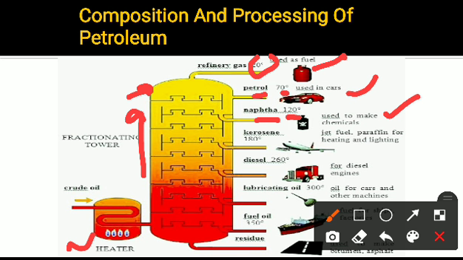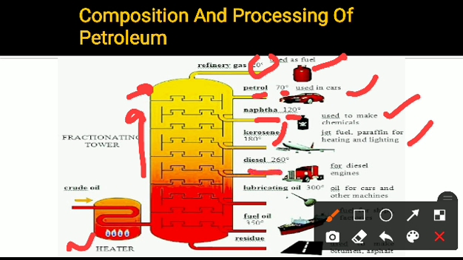Next, at 180 degrees Celsius, there is removal of kerosene. This kerosene is used as a fuel, and also as paraffin for heating and lighting. After that, at 260 degrees Celsius, there is removal of diesel.